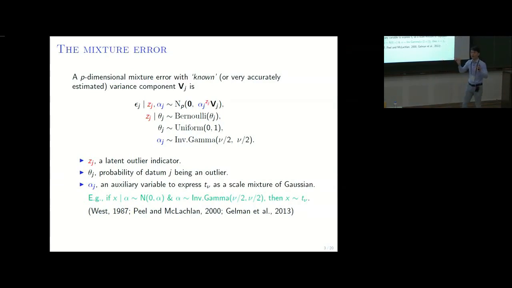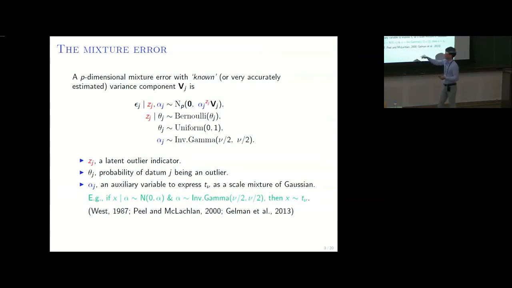V_j is your known measurement variance. z_j is a latent outlier indicator that becomes 1 if the model considers this datum an outlier, or 0 otherwise. And theta_j is the probability of datum j being an outlier.